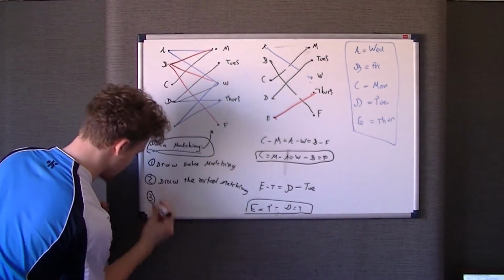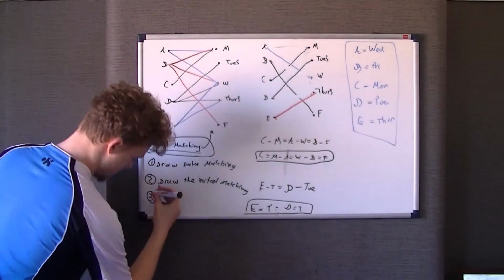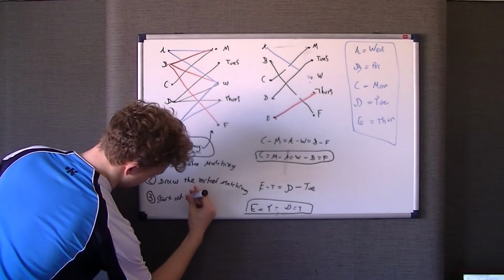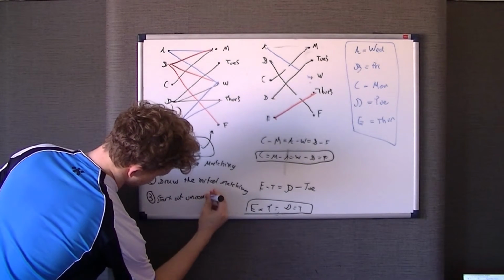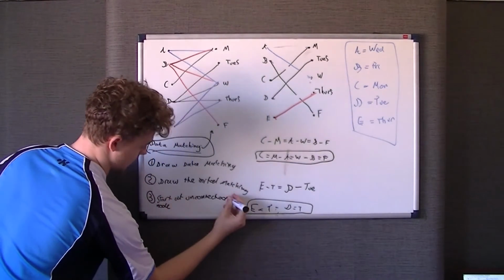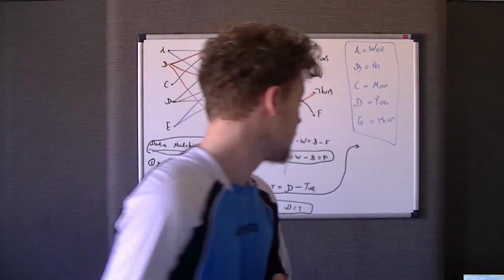The third step, you could technically break down to however many unknown nodes you have. So you would start at an unconnected node. I'm going to continue this explanation on the right hand side of the board, as I don't have enough room.